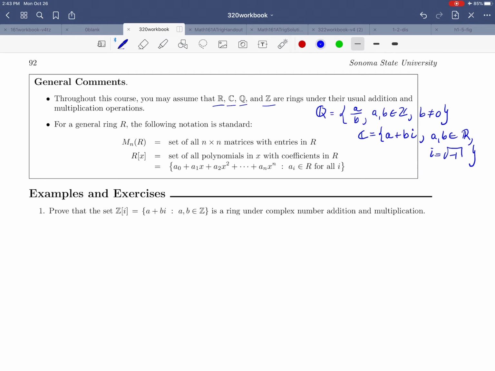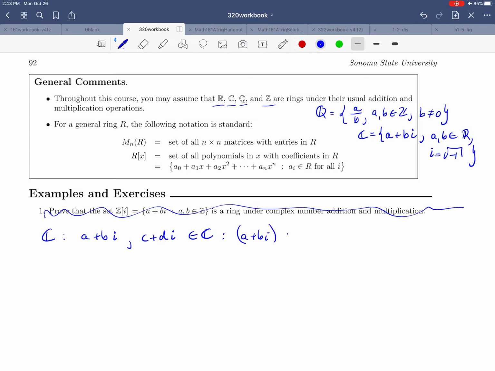And complex numbers, we can add them, we can multiply them. The way we add complex numbers, just a little crash course. If we're looking at our set of complex numbers, if you have a number a plus bi and another number c plus di, then how do you add them?